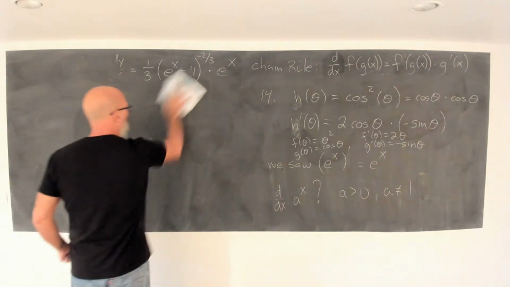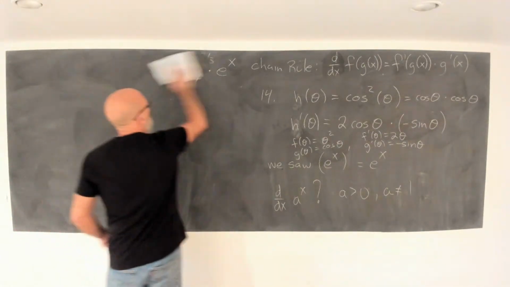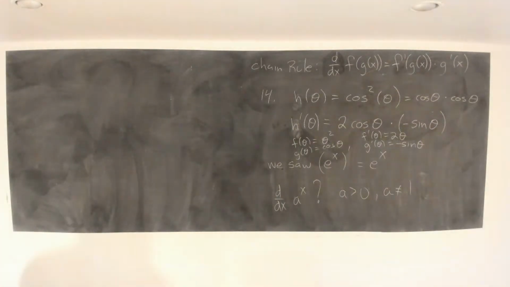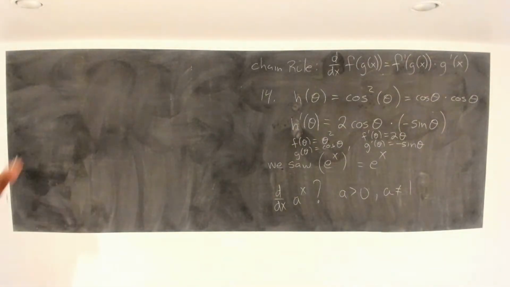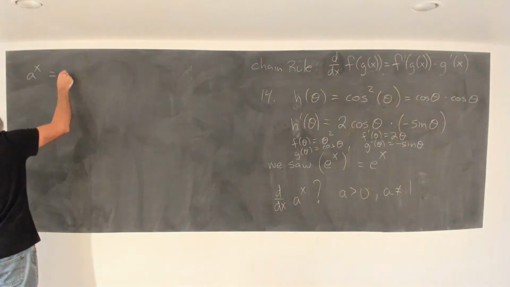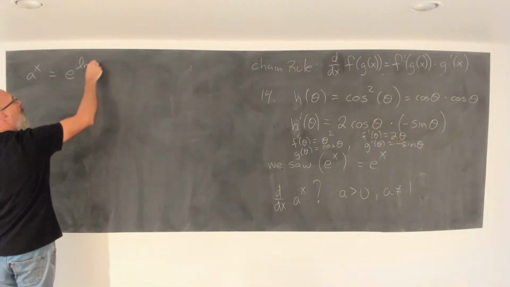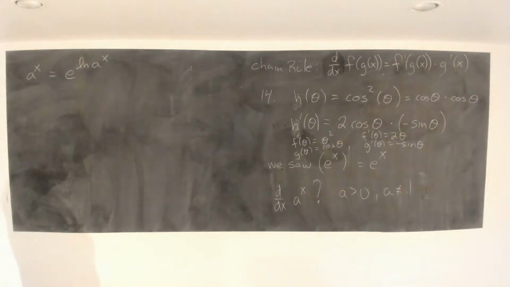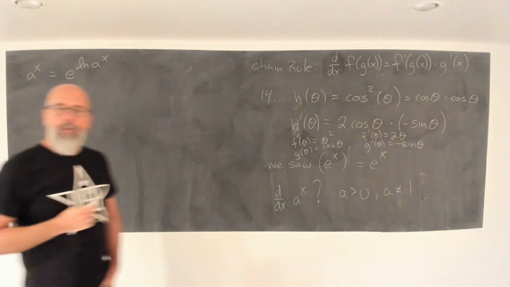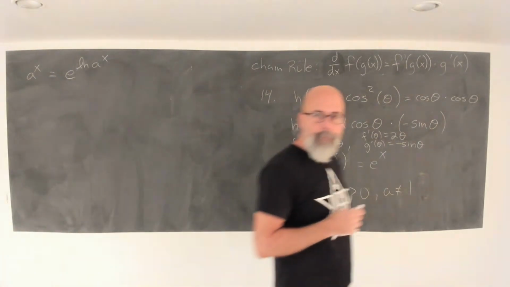Well, you know that exponentials and logarithms are inverse functions of each other. So a to the x is the same as e to the ln a to the x, because exponentials and logarithms are inverse functions of each other, so these just cancel out.